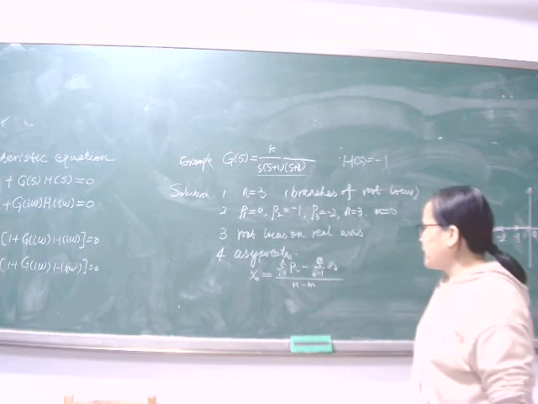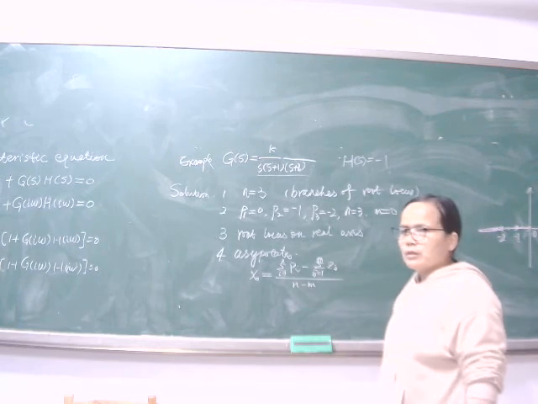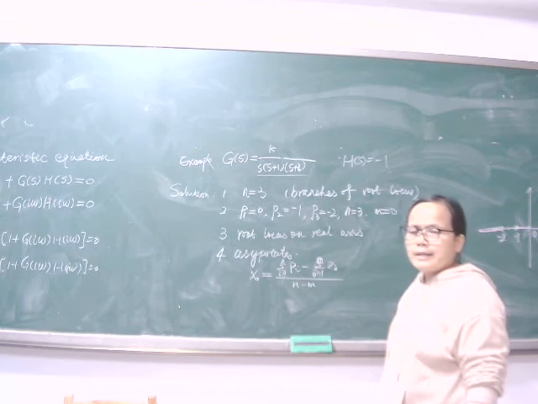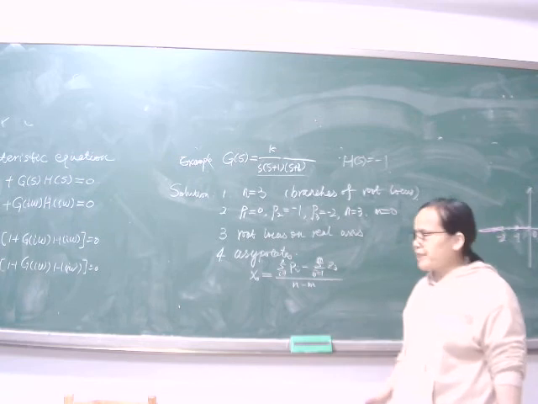This determines the point of the asymptotes. It is the cross point with the real axis.